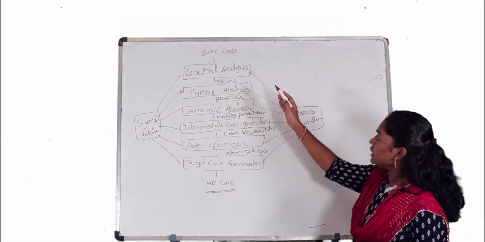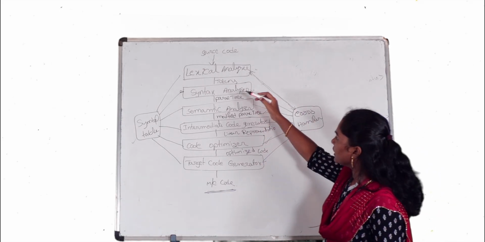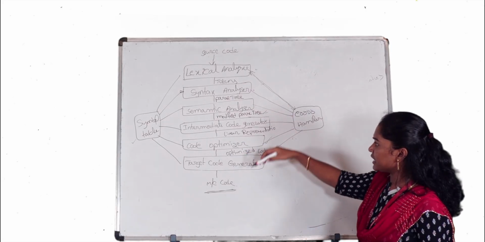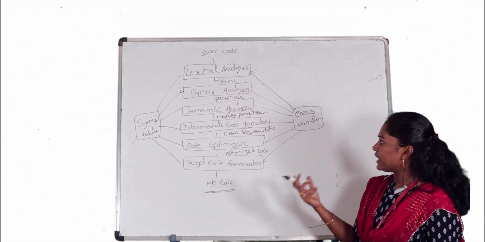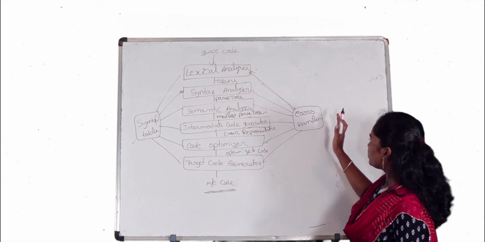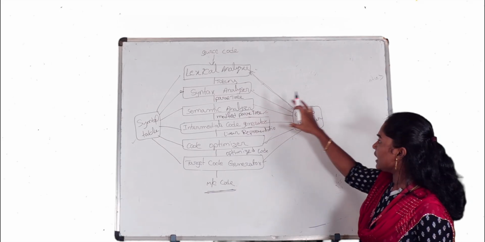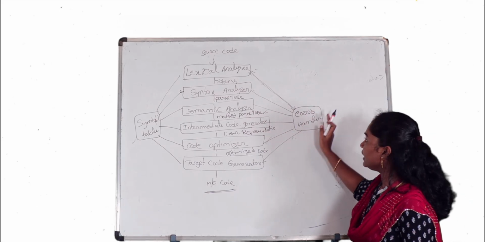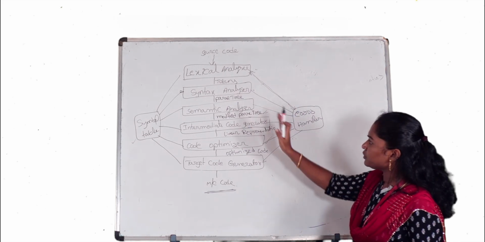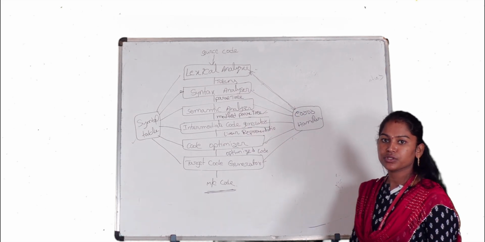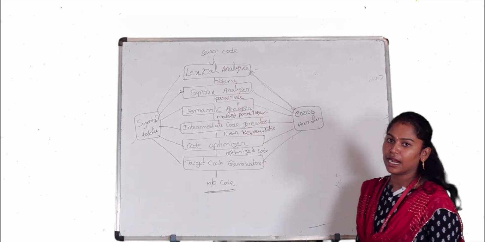In the same way, in all the phases, whenever a phase finds any errors, it reports them to the error handler, which handles and corrects those errors and sends them back to that particular phase. That is the role of the error handler.